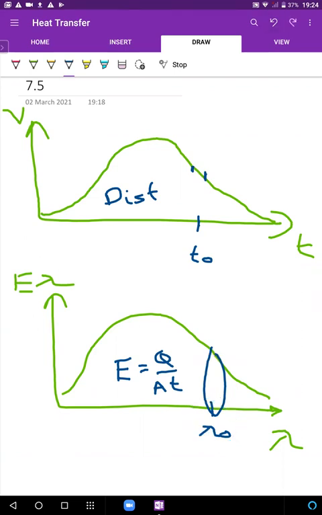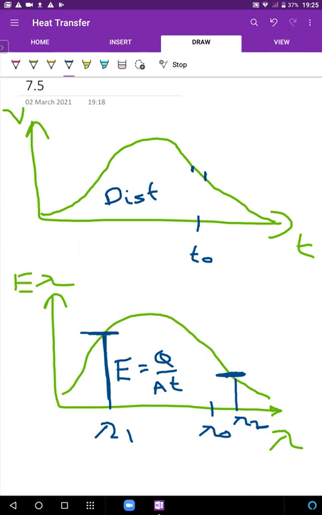For instance, if I see a portion in the graph where spectral emissive power is this much, and I see another portion of the graph where spectral emissive power is this much, which wavelength are we going to say is more dominant? Which one gives more contribution to the total emissive power? The first one.